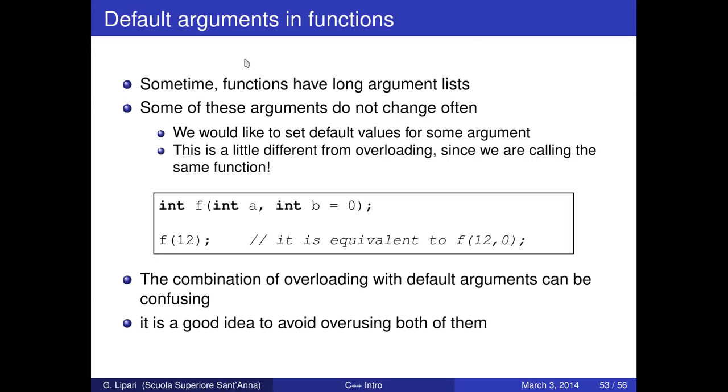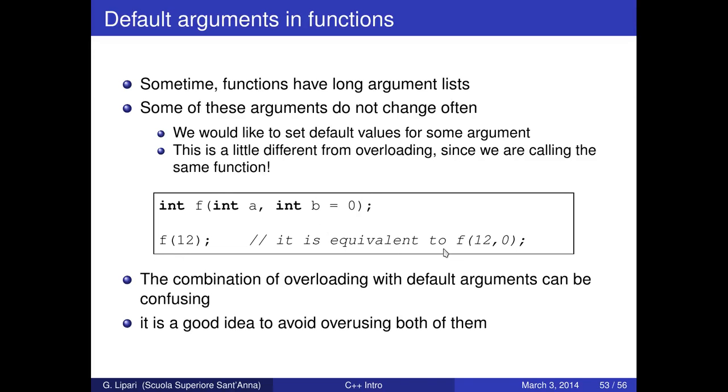Things get more complicated because sometimes functions have long argument lists, and most of these arguments don't change very often. So people like to set default values for arguments. So C++ allows you to say that some argument, if not specified, has a very specific value. For example, here function f has two arguments, a and b, but if I call f by passing only one argument, then automatically the second argument takes 0.